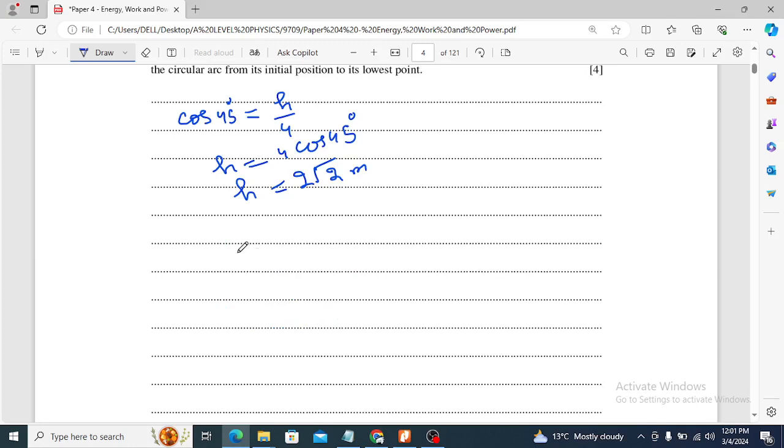Second, the angle becomes half. So we will get the second height: cos 22.5 degree equals h1 over 4. So here h1 will be equal to 4 times cos 22.5 degree.